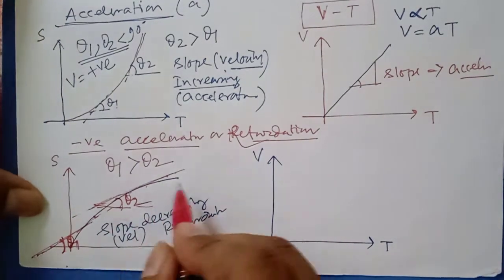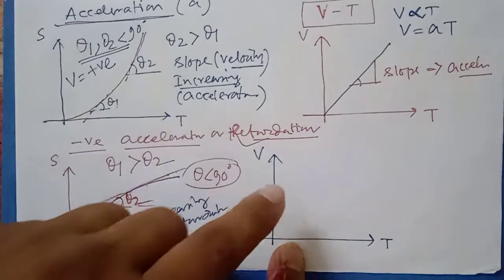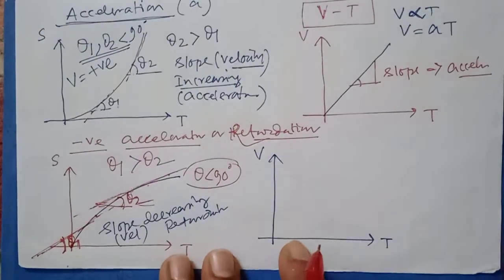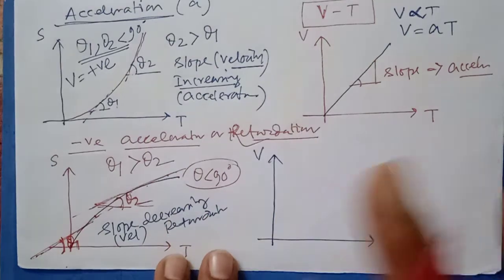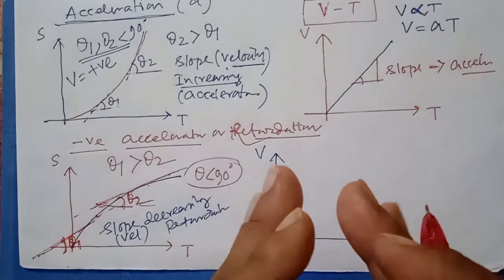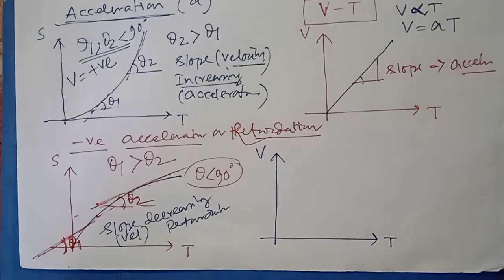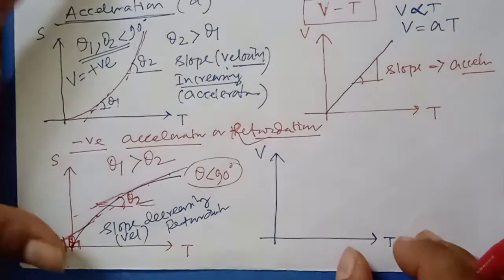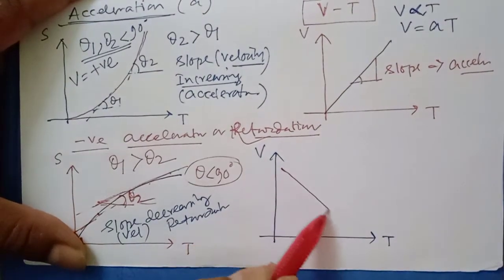See, theta here is an acute angle, theta less than 90. So the corresponding VT graph you can draw in the positive quadrant of VT. It may be that the slope is decreasing but velocity is positive. Okay, did you get it, students? So velocity is positive but decreasing, so the graph will be like this.